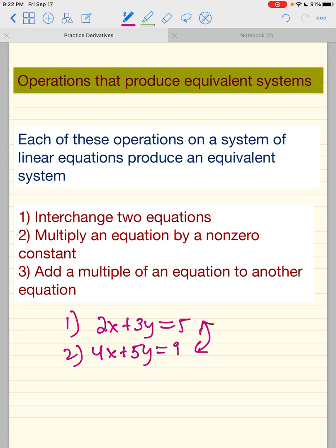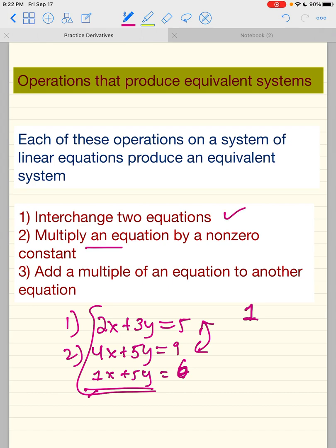You might say, well, why do we want to do that? Well, once again, you want that 1 up in the left corner, and there might be a 1 in one of the equations, so you might want to start by putting that one up here first. So you can interchange two equations.